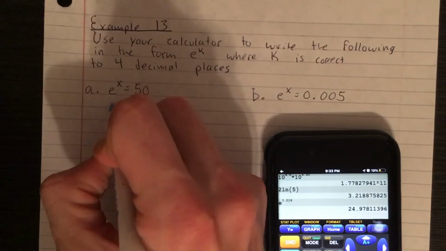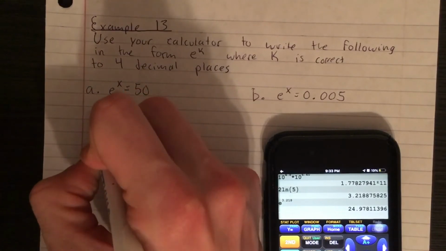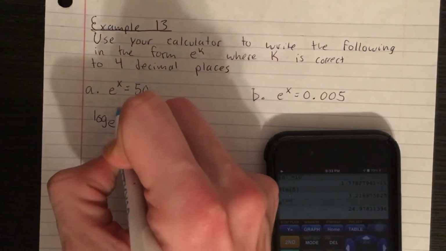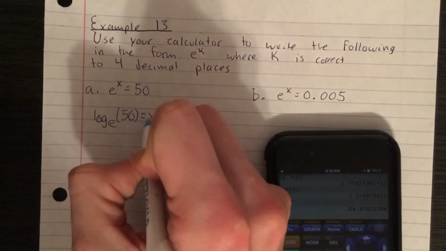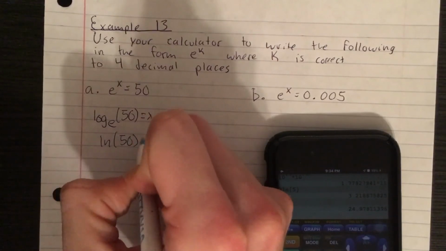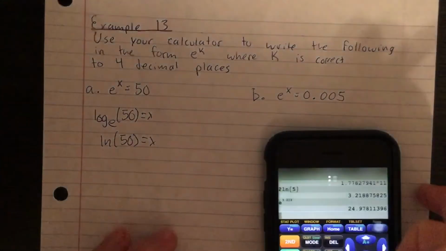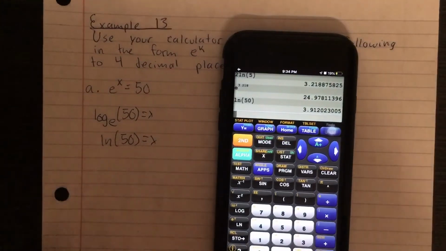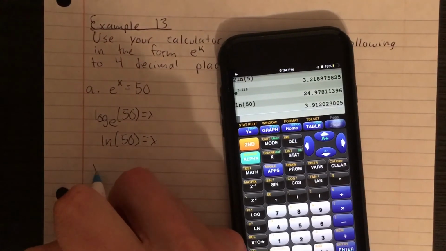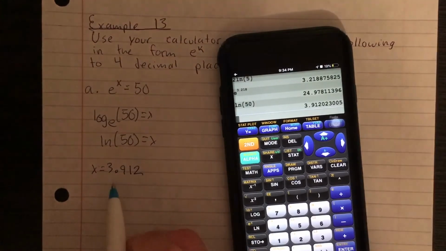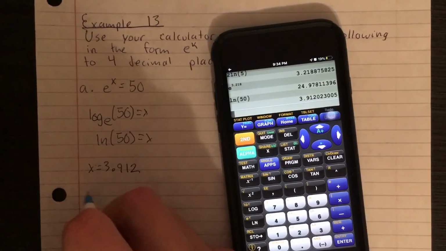So here we don't know the exponent, so we're going to say log base e of 50 equals x, and that's really just ln of 50 equals x. If you do ln of 50 right there, rounding to 4 decimal places, we get 3.912.